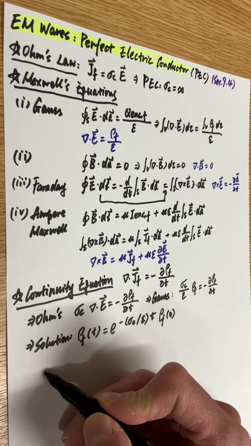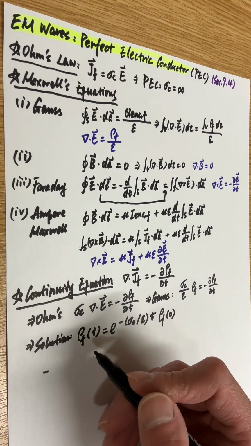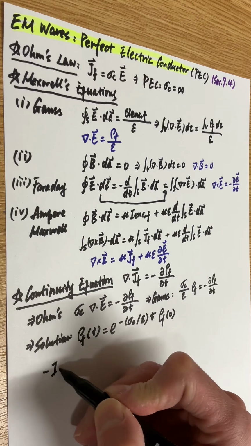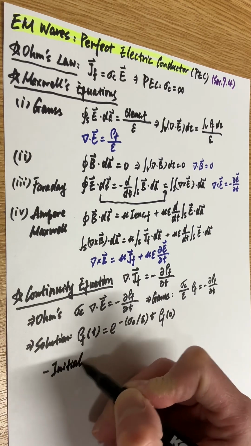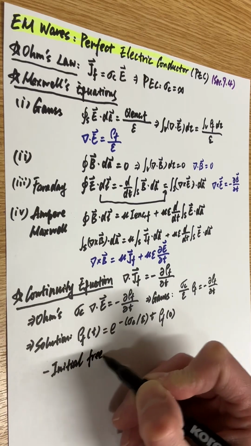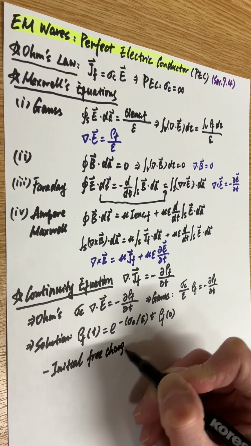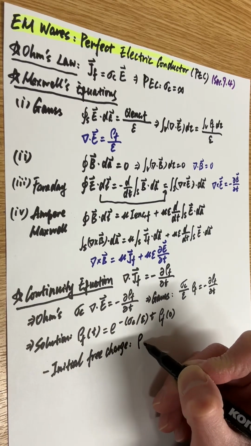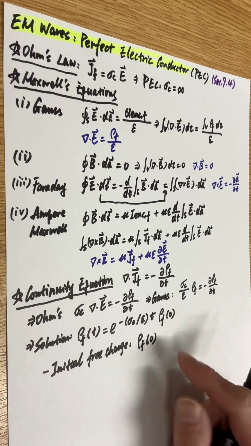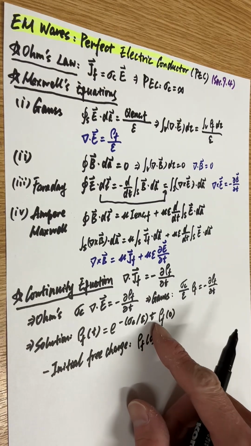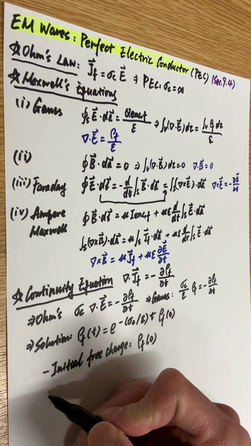So this means that we have an initial free charge, which is rho F 0, and then we'll be losing charge over time.